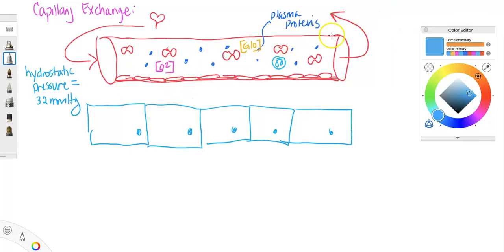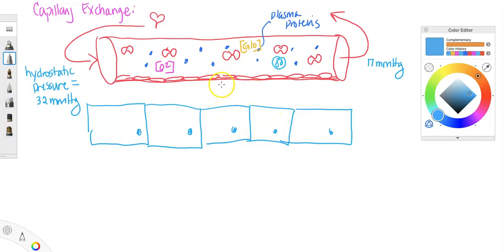Okay, when it leaves the capillary bed, that pressure reduces to, I think, 17 millimeters of mercury as it comes back out the other end. So the pressure, as normal, is decreasing as it's moving.